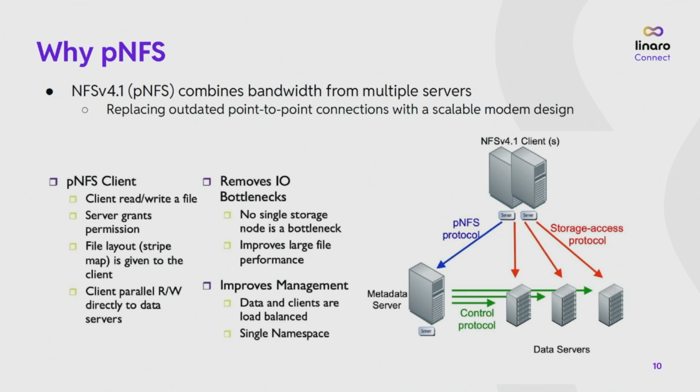In NFS v3 there is only one NFS server, and in NFS v4.1 you can have more servers. Because it supports file striping, it improves the performance of loading large files, and the data and the clients are load balanced.